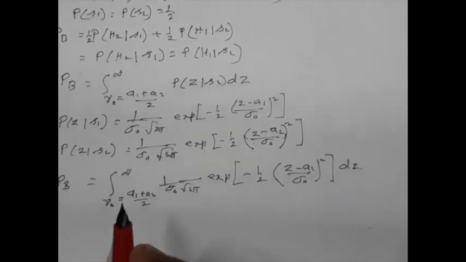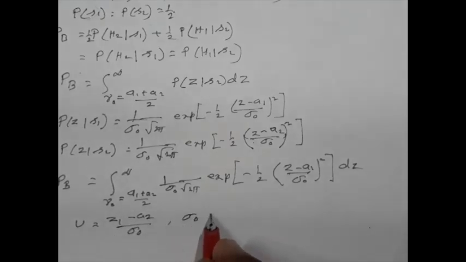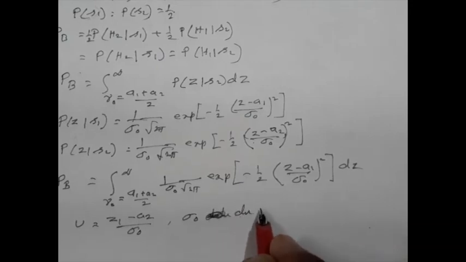Now we will consider u as a parameter, (z minus A1) by sigma 0. So sigma 0 du equal to dz.